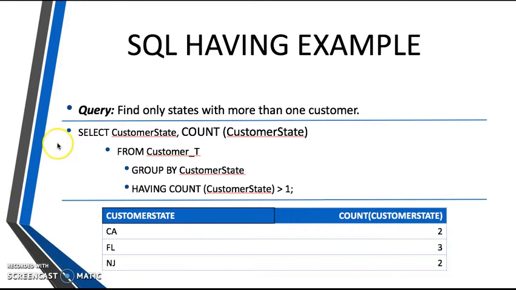The code executed is select customer state, count(customer state) from customer _t group by customer state having count(customer state) greater than 1. The output then displays only the states with more than one customer. Right here, under count customer state, we see 2 for California, 3 for Florida, and 2 for New Jersey.